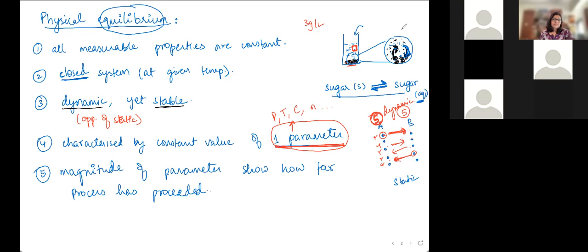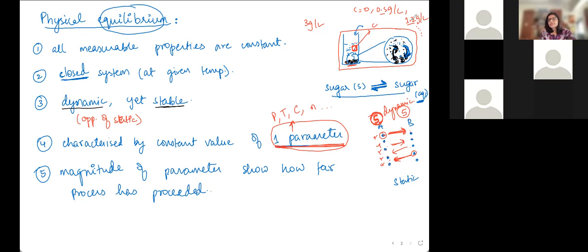If I'm taking the dissolving example, the parameter that's constant is the concentration. If I start measuring the concentration of this sugar water, initially it's purely water, concentration equal to 0. Then after dissolving some sugar, it increases to 0.5 gram per liter. Then it increases to 1.2 gram per liter.